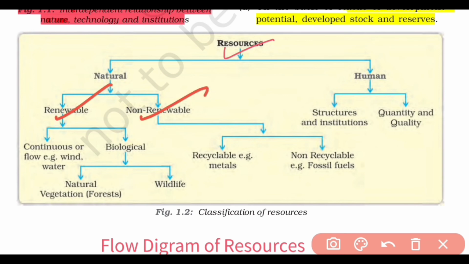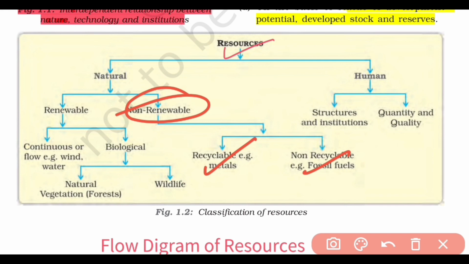Renewable is classified into continuous or flow, example is given wind and water, and biological. Now, biological is classified into natural vegetation and wildlife. Now, non-renewable is classified into recyclable and non-recyclable.